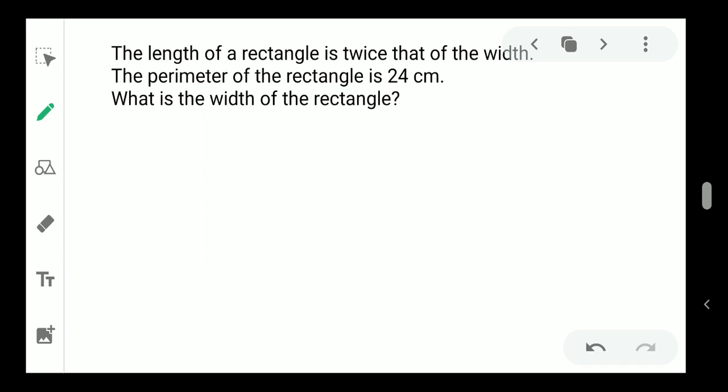Next question: the length of a rectangle is twice that of the width, the perimeter of the rectangle. So the word perimeter is coming. What is the perimeter? We know that if we add all the boundary sides of any shape, that will be the perimeter of that shape.